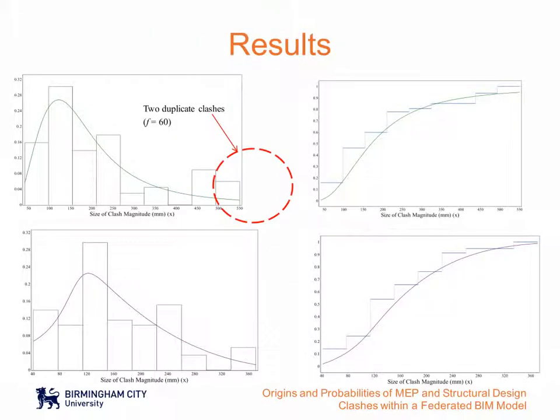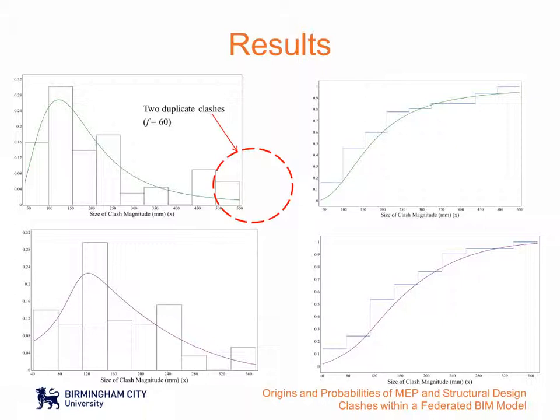It was observed that the clash detection data was positively skewed. The majority of data fell within the 41 mm to 250 mm measurement range, but a long tail extending to 550 mm was recorded.